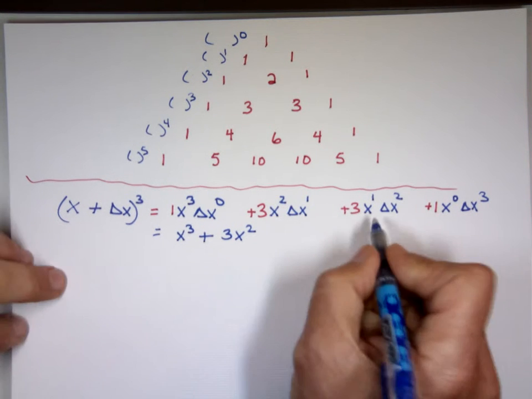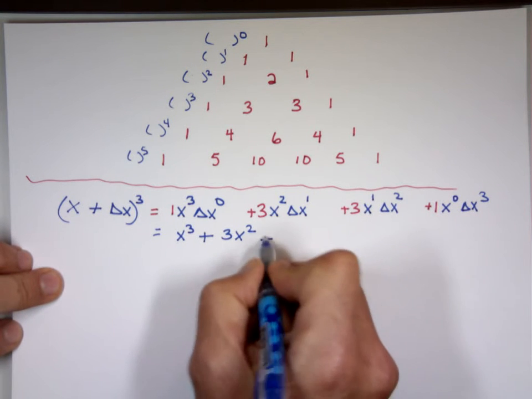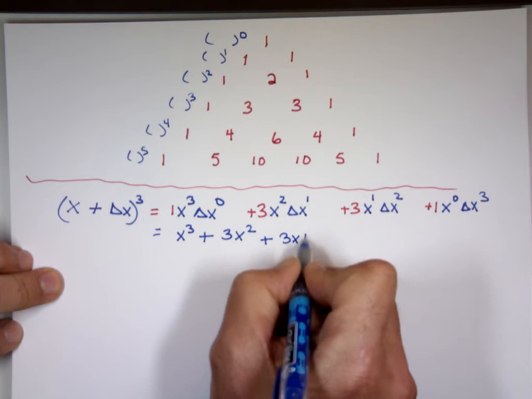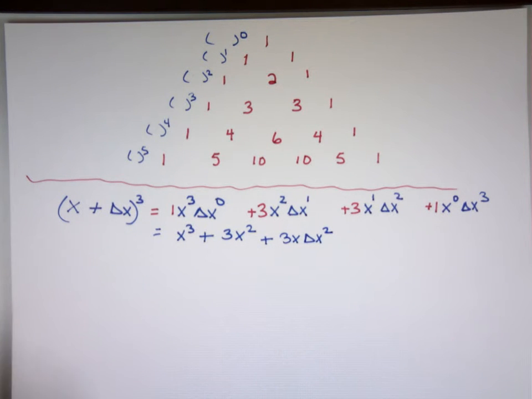Let's look at this. This will be what? 3x delta x squared. What about the delta x in second row?